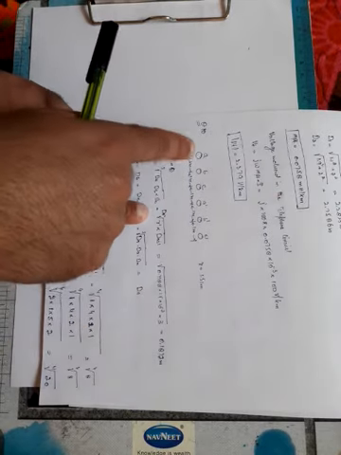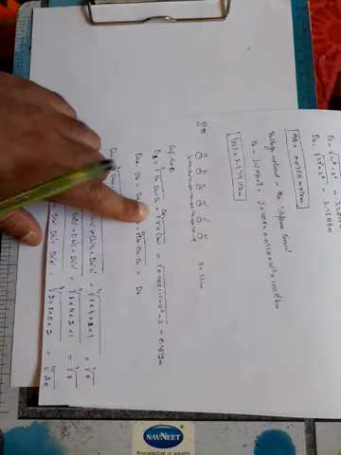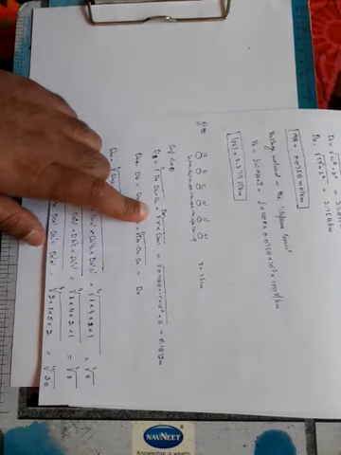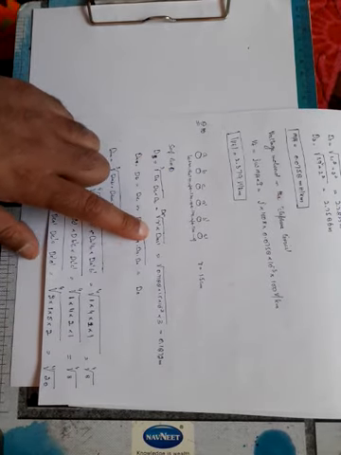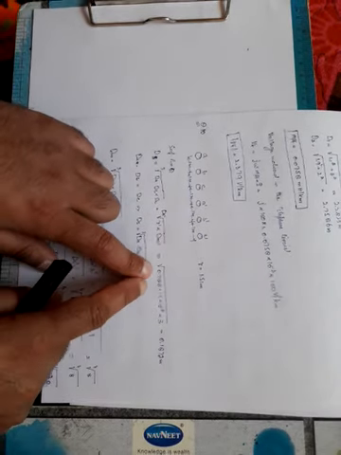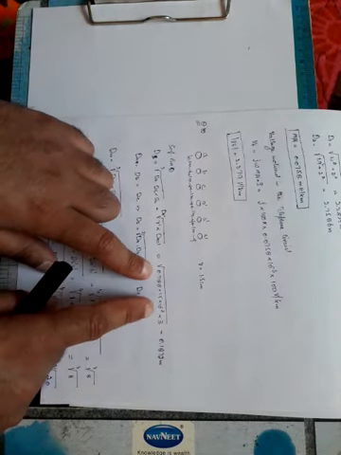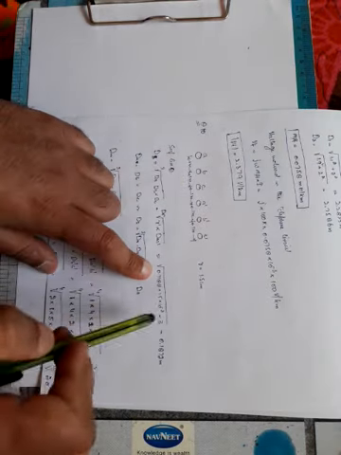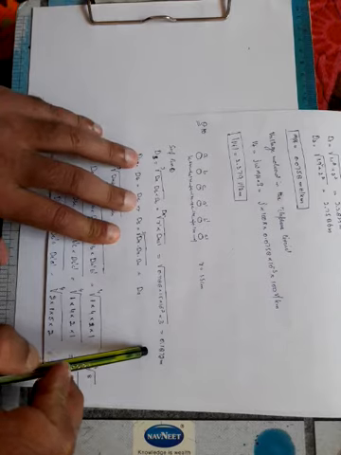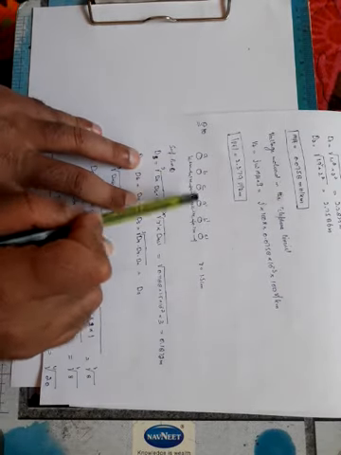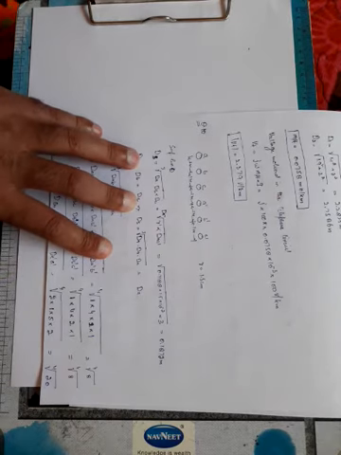dA, we know that the self GMD of phase A, that is conductor A and A dash, is the square root of R dash into dA dash, and R dash is equal to 0.7788 into 1.5 10 raised to minus 2, and the distance between A and A dash is 1 plus 1 plus 1, 3 meter. That comes out to be this. You can see that A and A dash, B and B dash and C and C dash are symmetric.